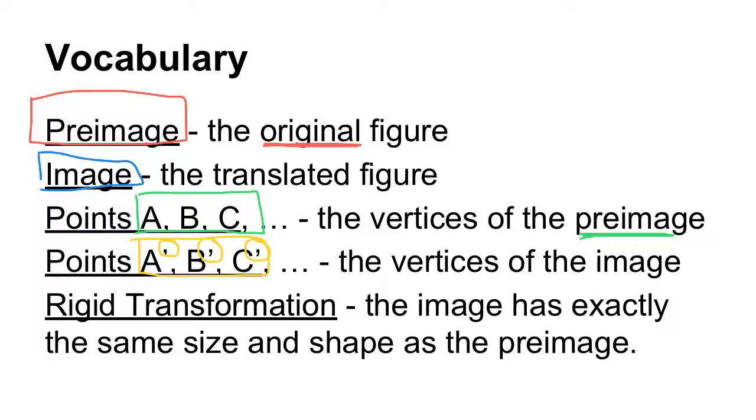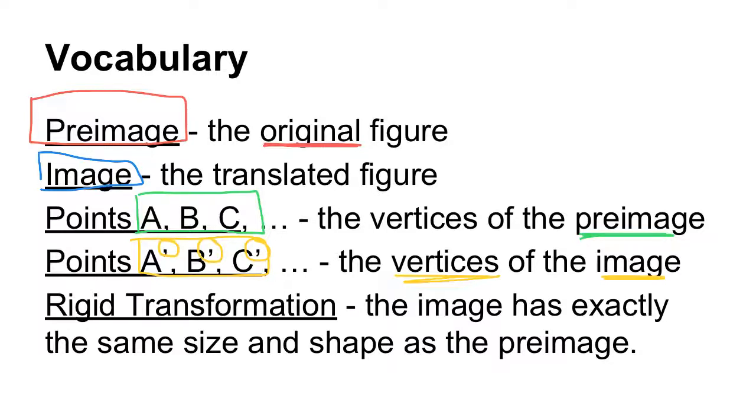This means that this is the first image of point A and the first image of point B and the first image of point C. So these are the corners of the image. If I had done 2 transformations, I would have 2 prime marks. Or if I did 3 transformations, I would have 3 prime marks.